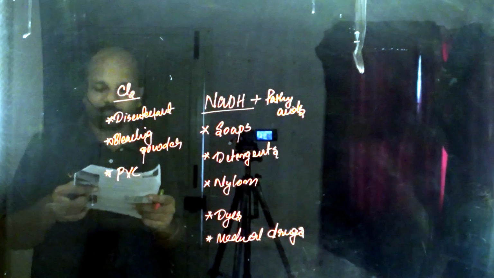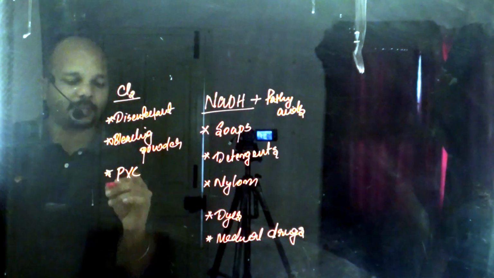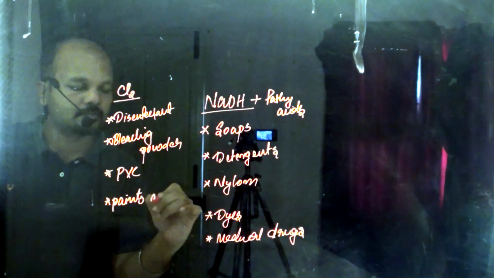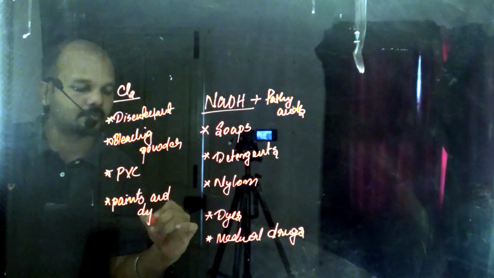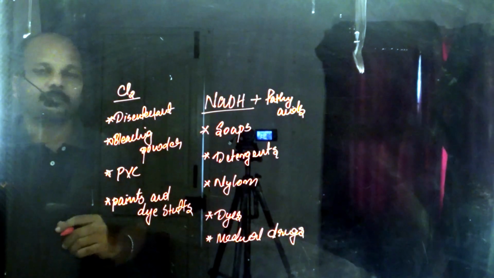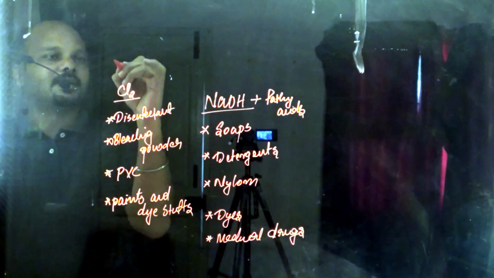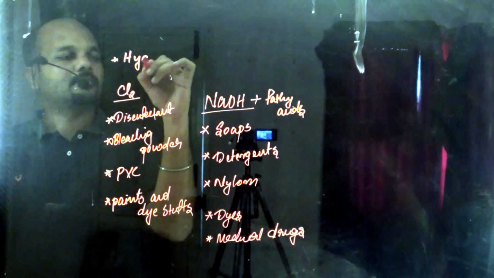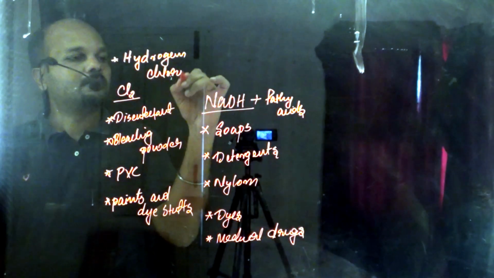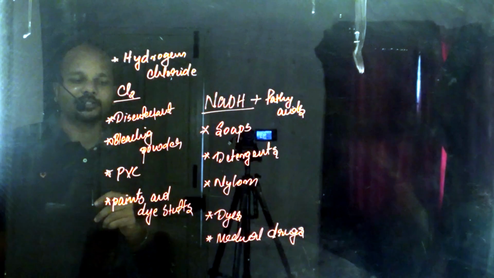It is a polymer, and it is also used in making paints and dye stuffs, and then of course hydrogen chloride. Okay, so these are some of the applications.